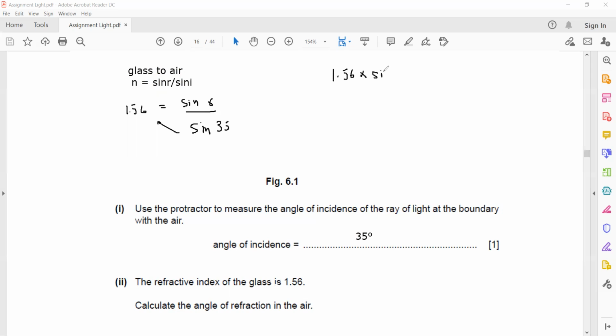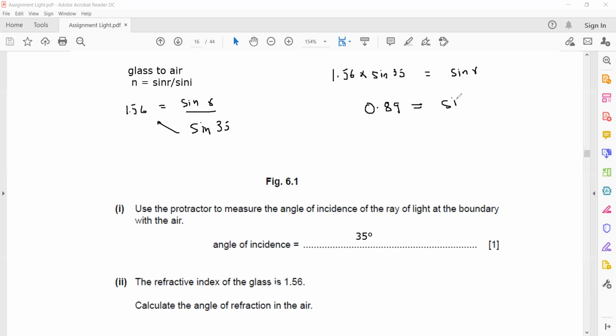What is the answer for this? Use a scientific calculator. It is 0.89. So when you multiply, it's 0.89, so 0.89 is equal to sine r.